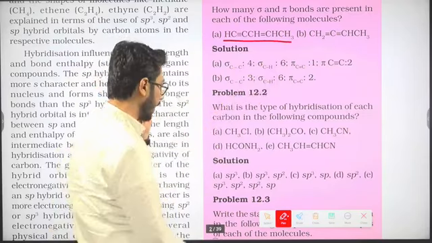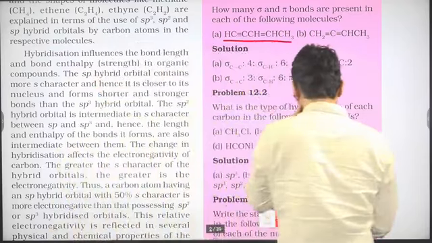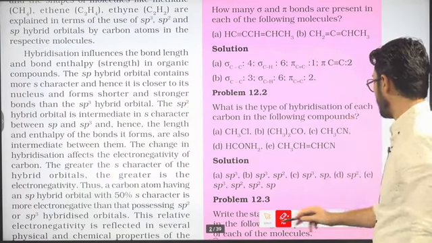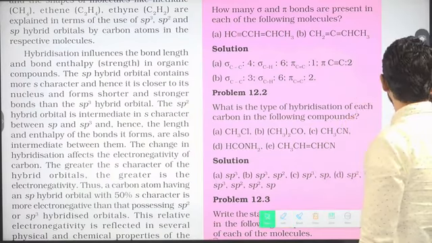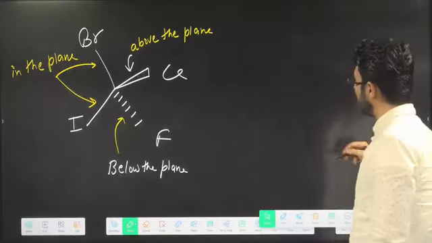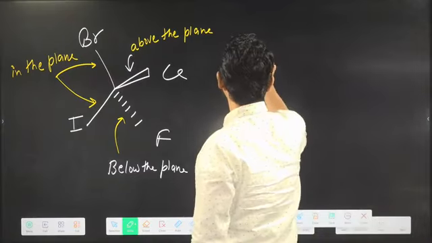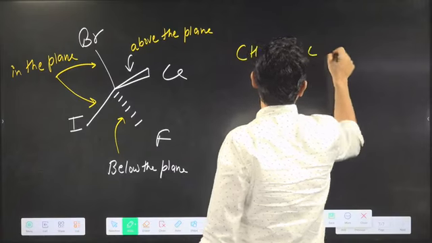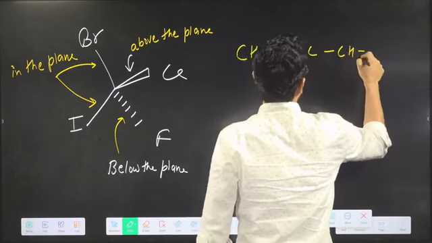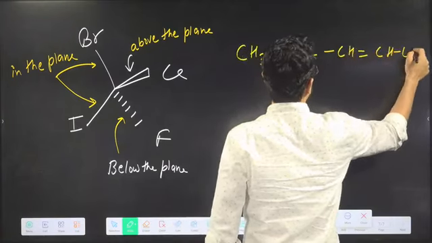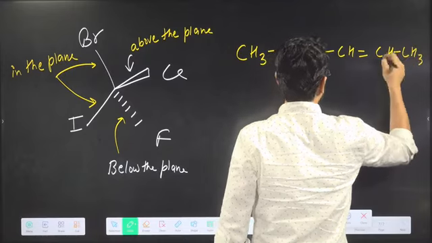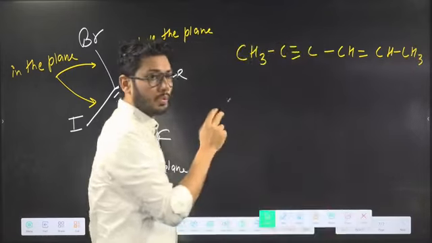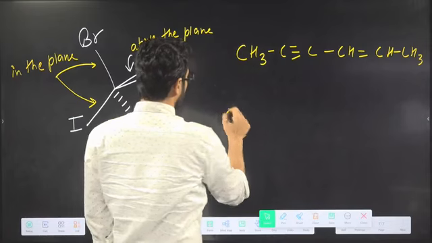So if I want to write this structure, it will be CH3, C triple bond C, CH double bond CH single bond CH. Suppose this is the structure. So you will count it by writing the structure in expanded form.